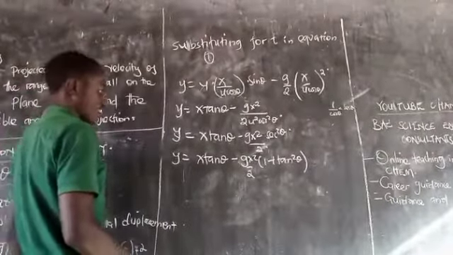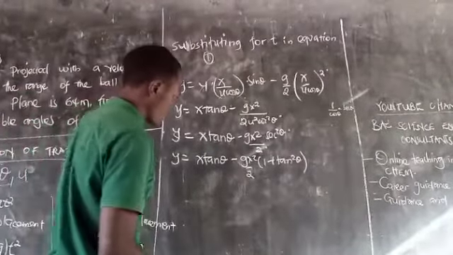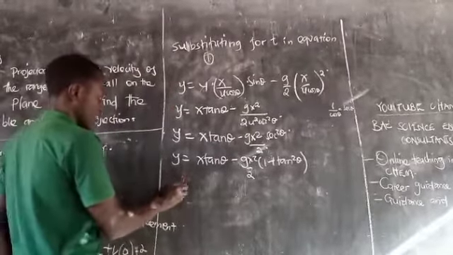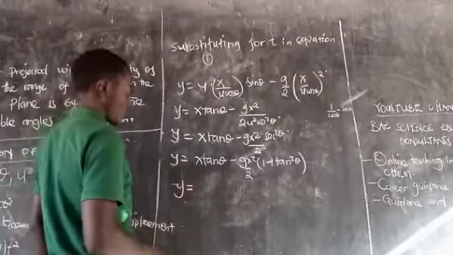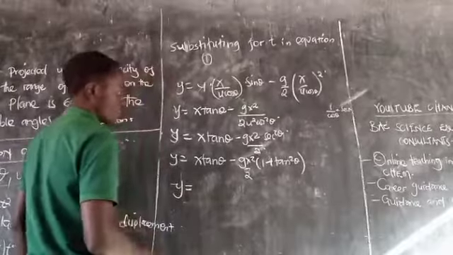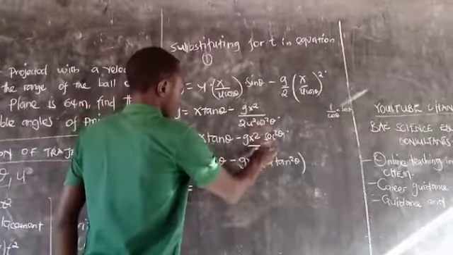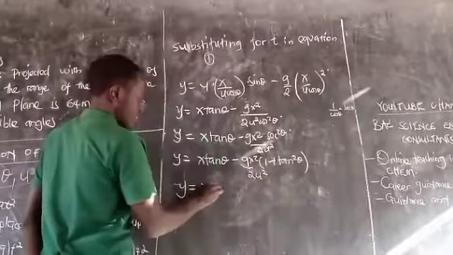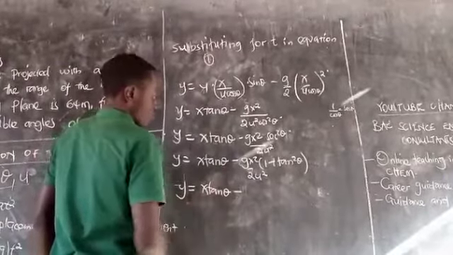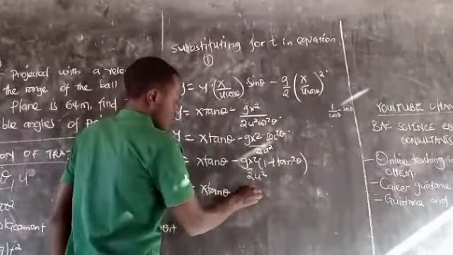Collecting like terms together and forming a quadratic equation in terms of tan theta gives you y. In fact, there is a missing u here: 2u squared tan theta minus gx squared.